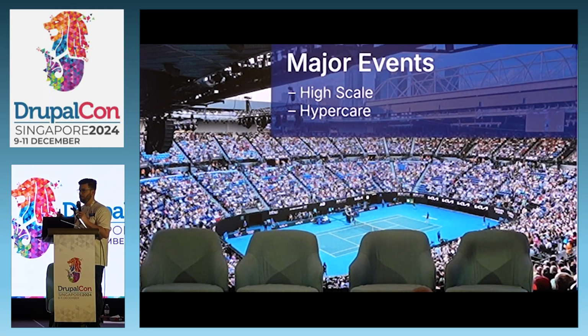This event sees over 1 million physical visitors to the site over the course of about 3 weeks every year, and on every single day of the tournament, millions and millions of visitors to the site. It's a truly global audience and is extremely sensitive to service disruptions because the website's used to deliver scoring information, schedule information, all in real time.